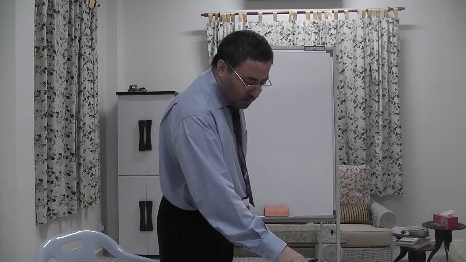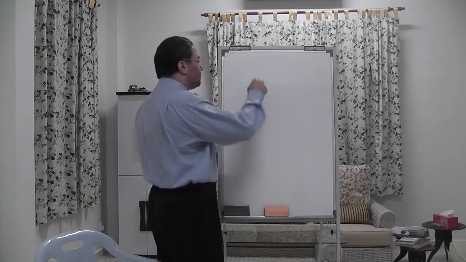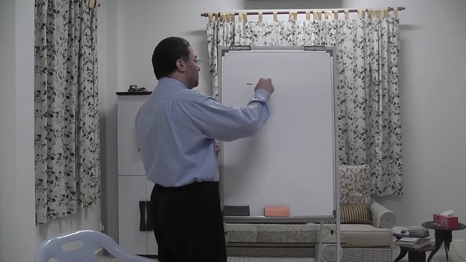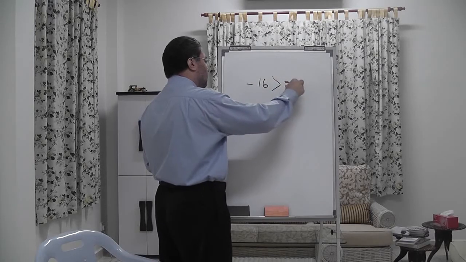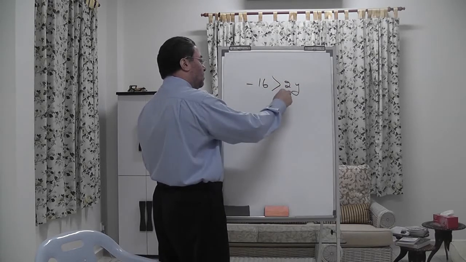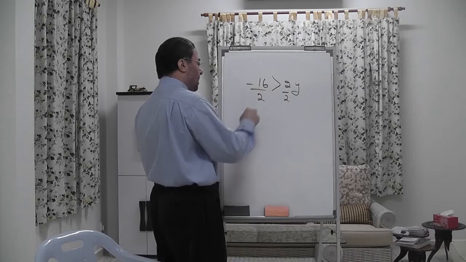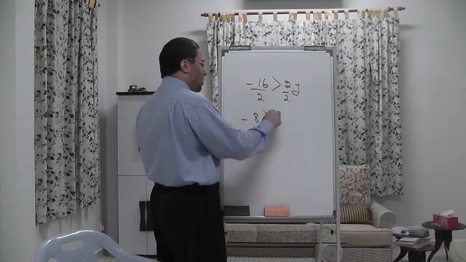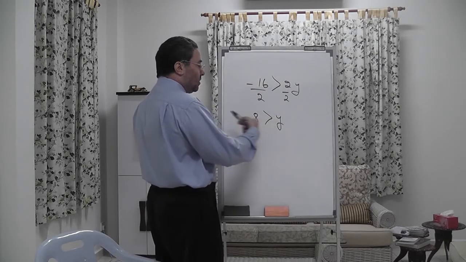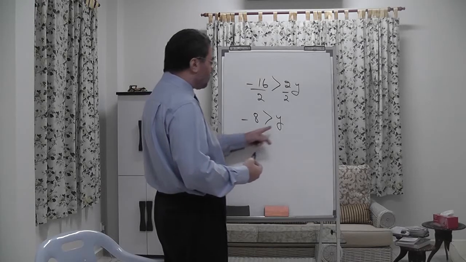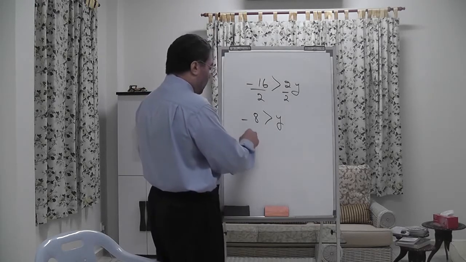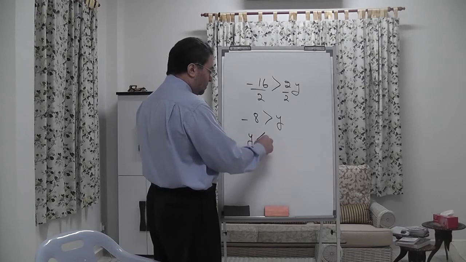Number 4, minus 16 more than 2y. Here we divide both sides by 2, and that will be minus 8 more than y. Or we can read it y less than minus 8.